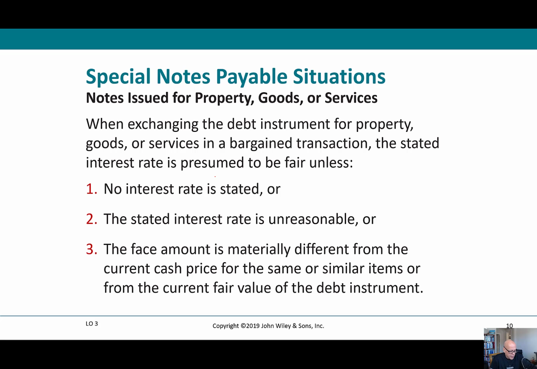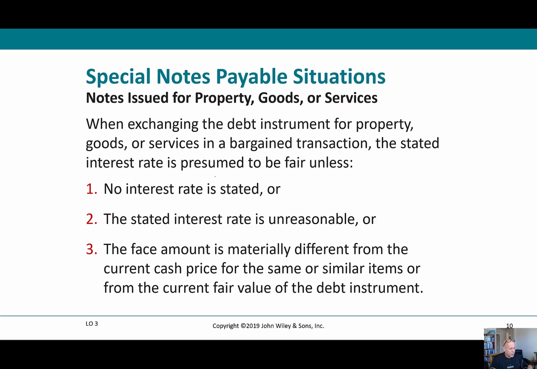They have the special situation where you issue the note, say, for property or goods, and you need to see which has a more readily determinable value. If it's the property that has a more readily determinable value, then you use the property as the basis for how much you're borrowing. So if you get some property and take a note back, use the property or the goods as the value.